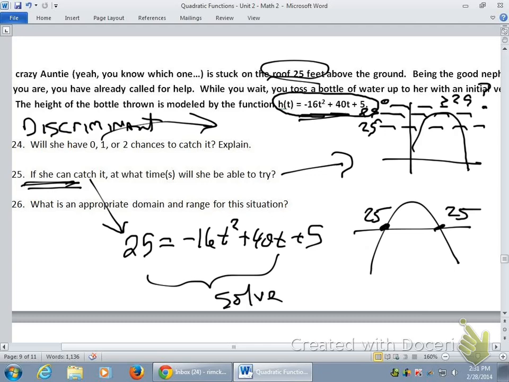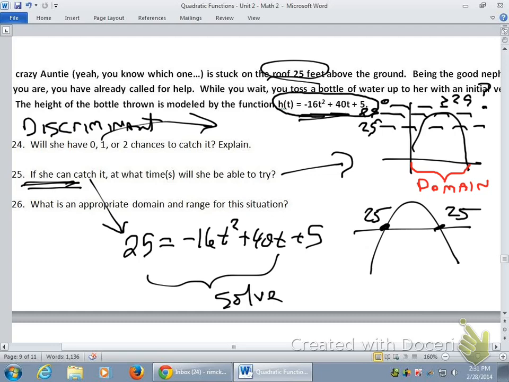For the domain and the range, looking back at this graph up here, the only domain that would make sense is when the water bottle's in the air. So this is going to be the domain that makes sense. I don't care about any time after it hits the ground because then I'm pretty much over with the problem.